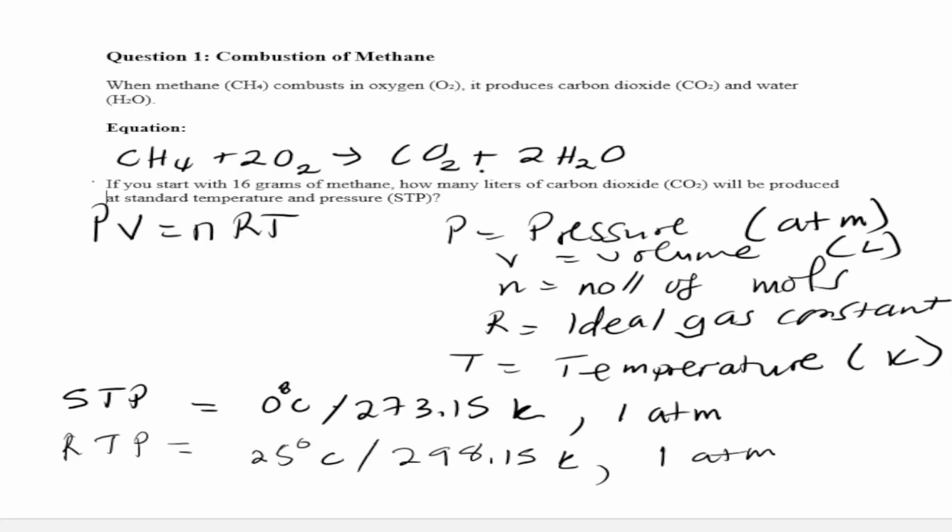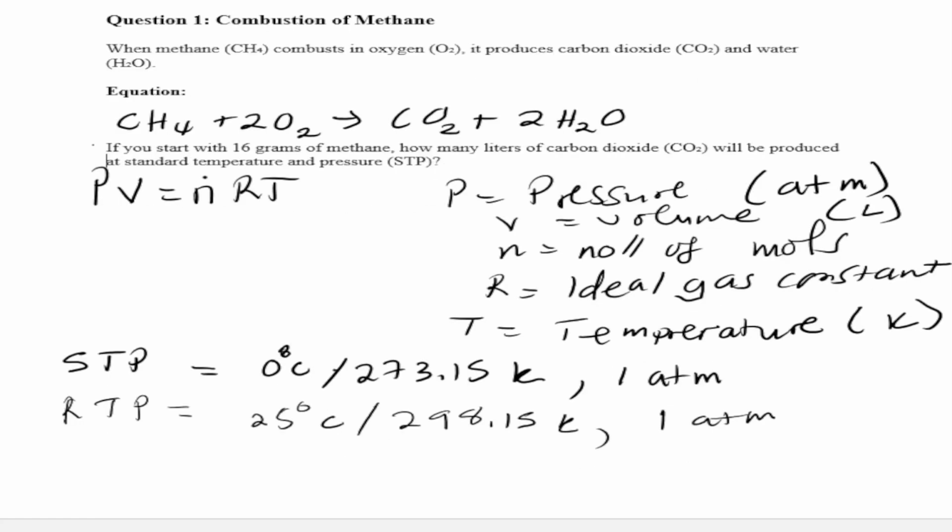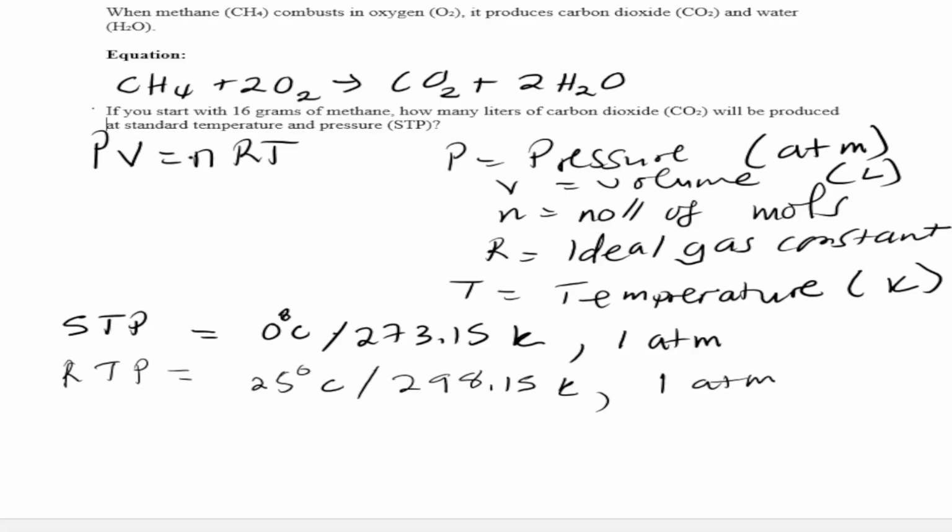Okay, so this is the balanced equation. If you start with 16 grams, how many liters of carbon dioxide will be produced at standard temperature and pressure? Okay, so we're just gonna rewrite it so that you can compare the ratio of the moles so that you can see it clearly.